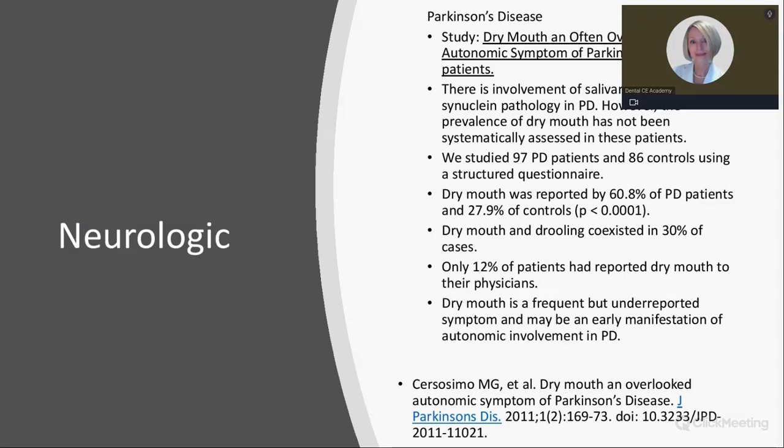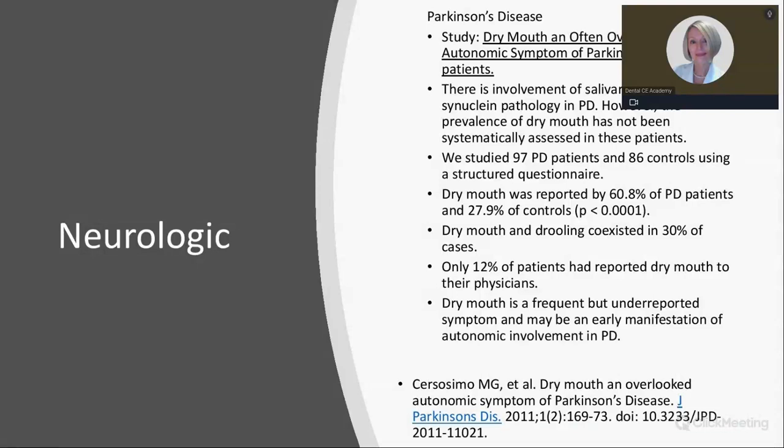Neurologic: here, this is a study about Parkinson's disease and dry mouth, an often overlooked autonomic symptom of Parkinson's disease patients. And we know there's involvement of salivary glands in Parkinson's disease patients. However, the prevalence of dry mouth up until this point had not been systematically assessed in these patients. So they studied 97 patients with Parkinson's disease and 86 controls. They used a questionnaire.